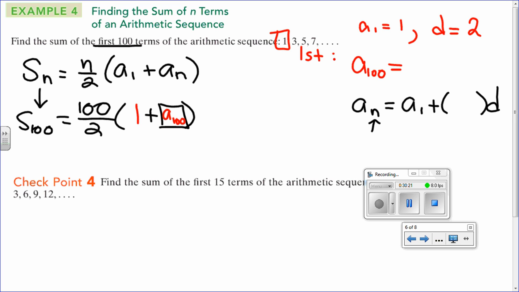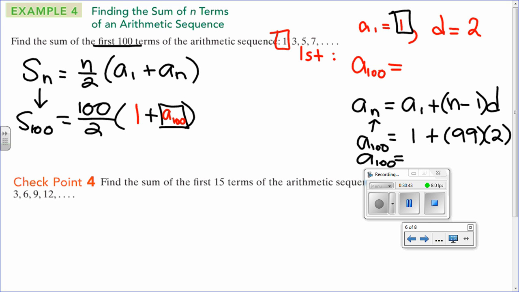So how do we say 1 less? N minus 1. Okay? So that's what we're going to use. So to find the 100th term, we will use the first one, which is equal to 1, plus how many times? 100 minus 1 is 99, times the common difference, which is positive 2. And so the 100th term will be 1 plus 198, which is 199.